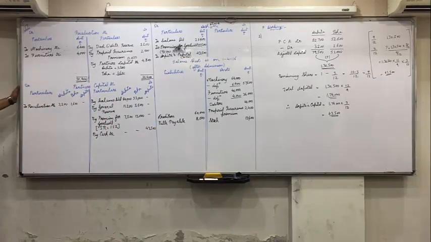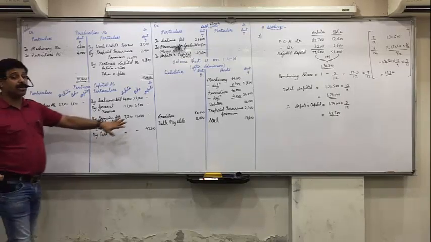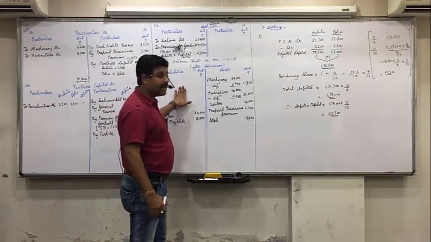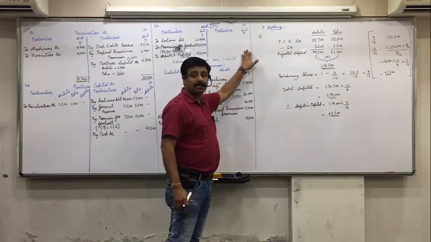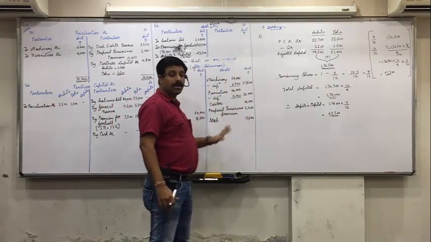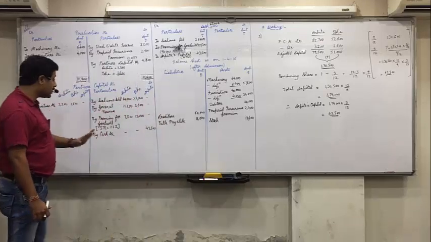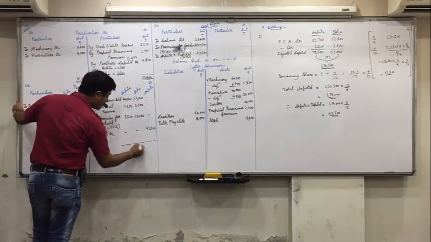Yes, sir. Now normal balancing. Partners' capital closing balance will come on the liabilities side. Cash and bank account closing balance will come on the asset side, and the balance sheet must tally.